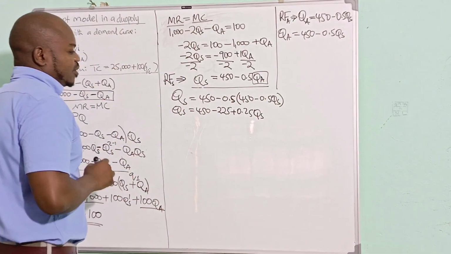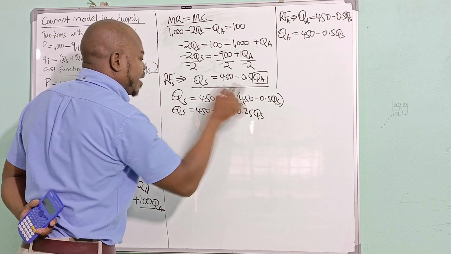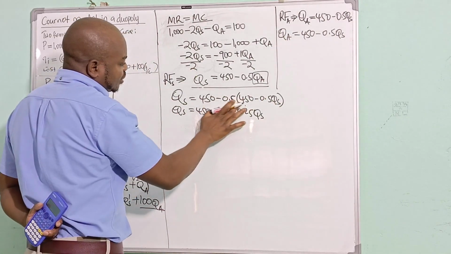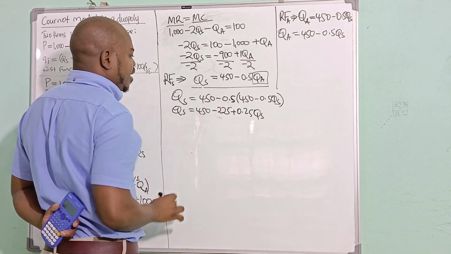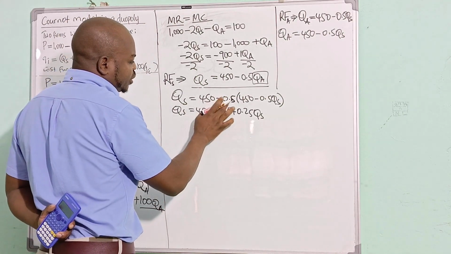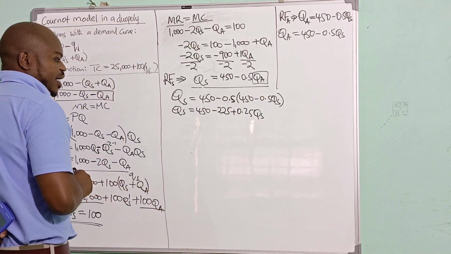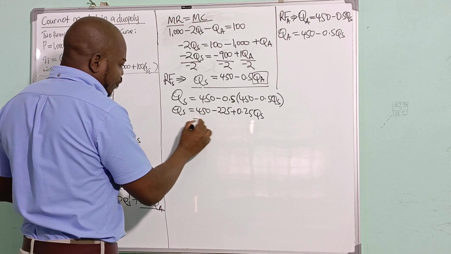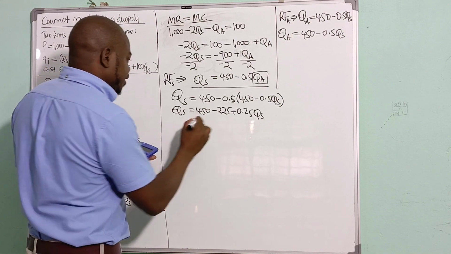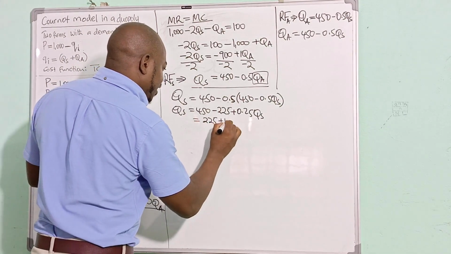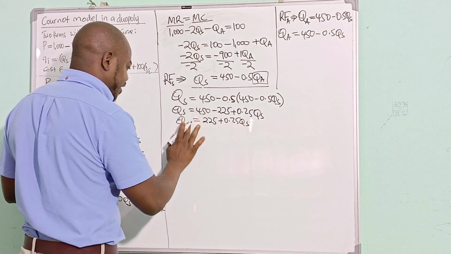I just multiplied this by that, and then the same again, to expand the brackets. So now 450 minus 225 gives me 225 plus 0.25 QS, and then I have my QS this side.